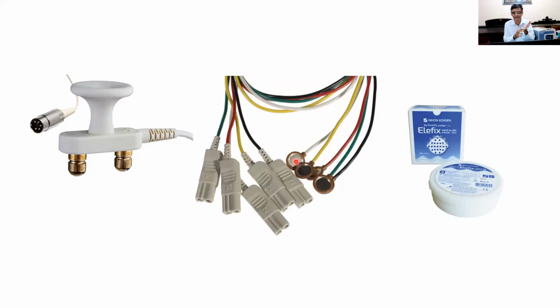It is very sticky paste, so it will help to retain the electrode on the skin. At the same time, it will help to conduct electricity. So when the muscle generates electricity, that action potential information will travel through the electrode paste to the electrode. This is the surface of the electrode, with a small cup-like depression, and you fill the paste into that and press it on the skin, and it will stay, right?